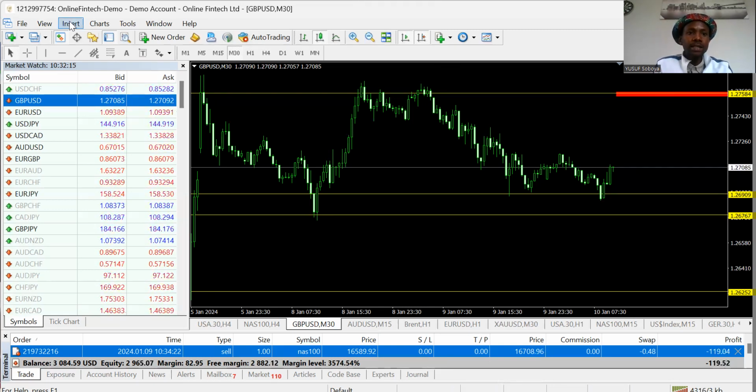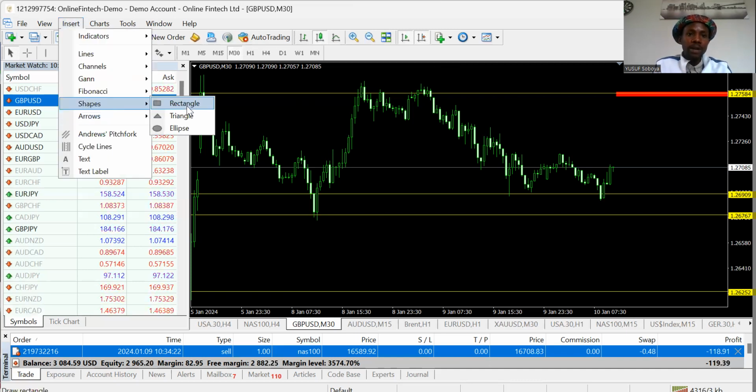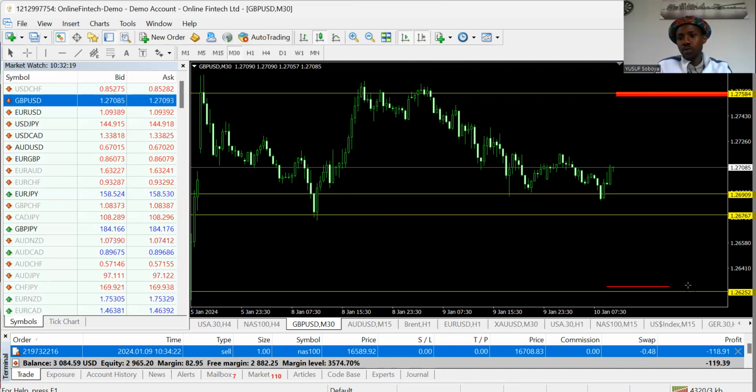Immediately when the dollar starts strengthening, this is what I'm anticipating the market to do. So you can get your buy, but once you get to 1.27584, if it is the end of today, then that's the analysis 100% correct. It is going to start dropping all the way to this position.